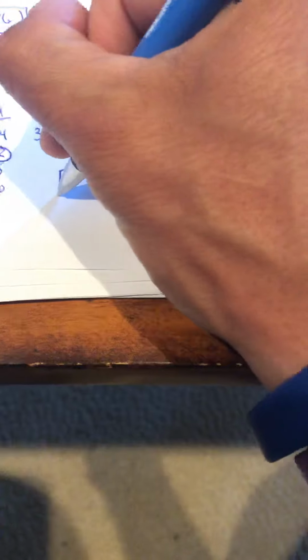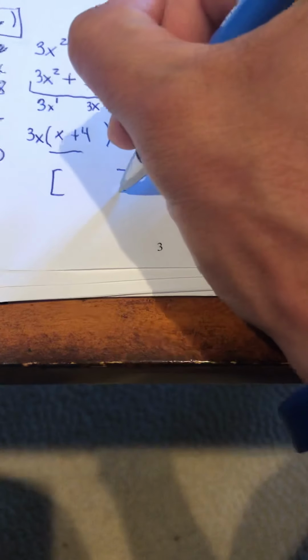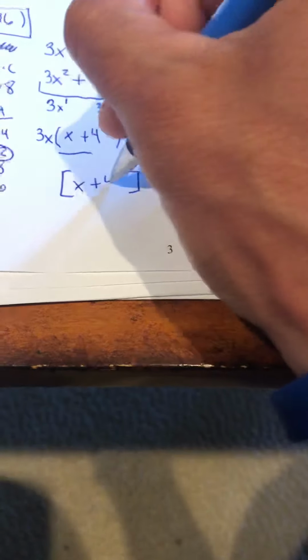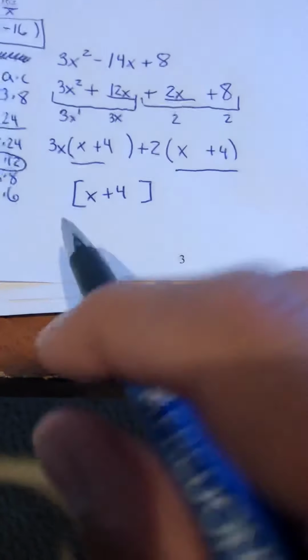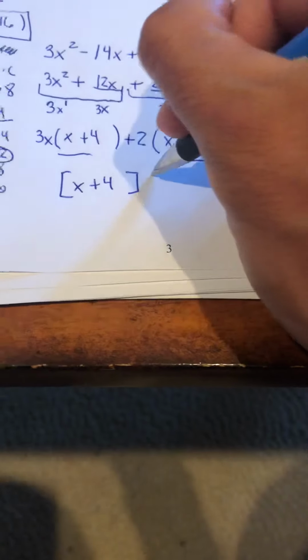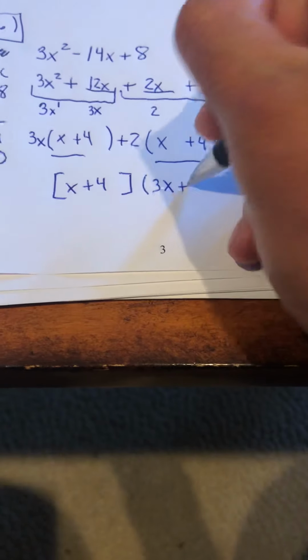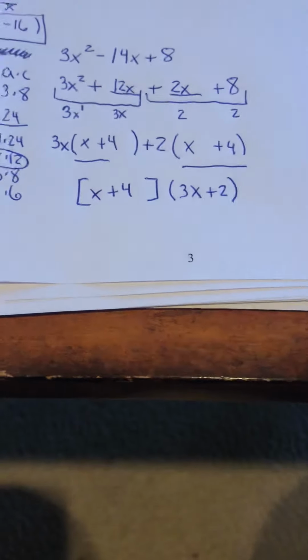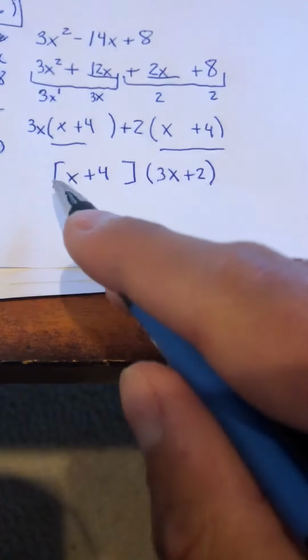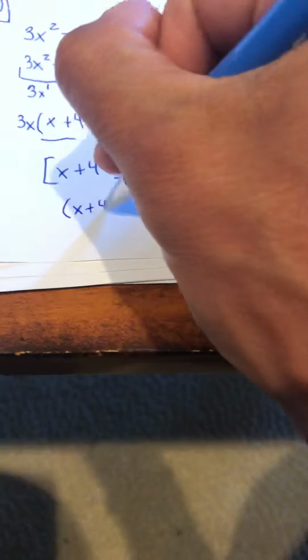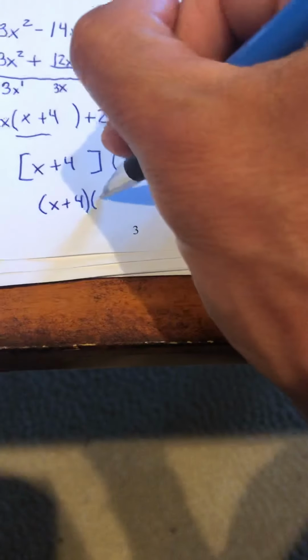Now, I like to put these in brackets just because it's a little bit different of a factoring technique. And then I'm going to group these two individual terms. So we have 3x plus 2. The last thing that I'm going to do is drop the brackets and rewrite this like so.